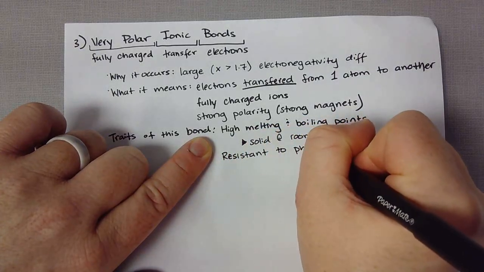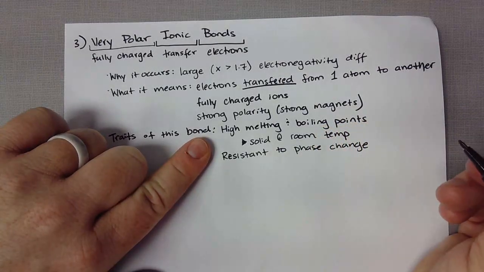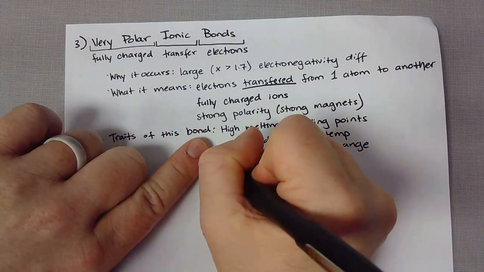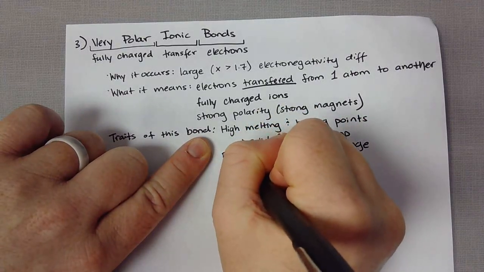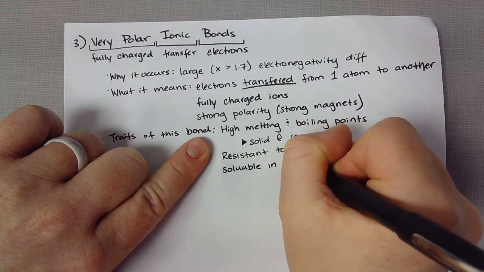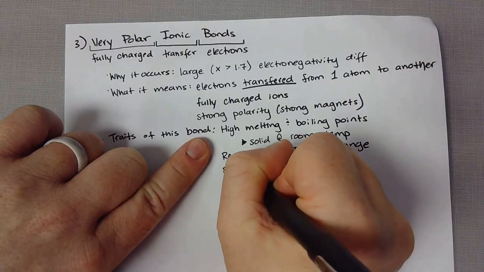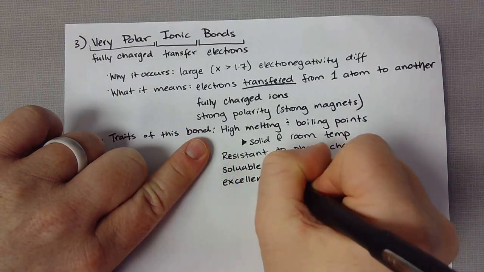It's going to take a lot of energy. They're going to be soluble still, which still means dissolvable in water. And when you dissolve them in water, the solution created is going to be an excellent conductor.